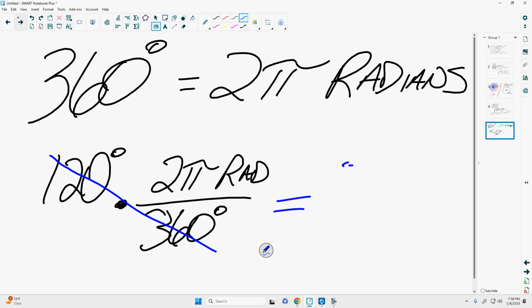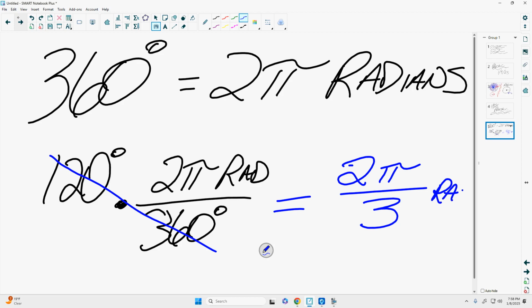And so that would just be 2 pi over 3 radians. You don't need to multiply by 3.14. And since I did not calibrate this board, the new computer, yet, my handwriting's looking pretty sweet. But that's how you convert degrees to radians, okay?